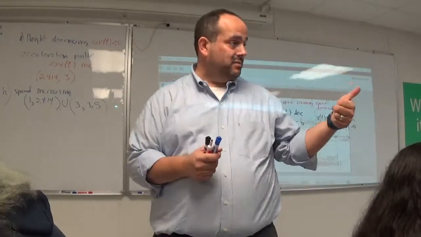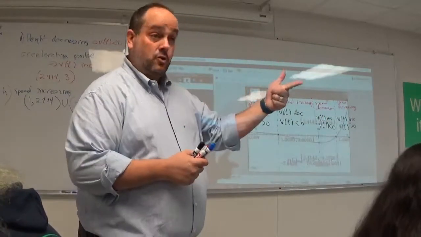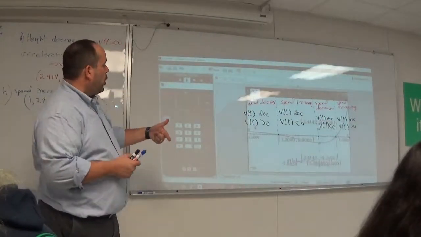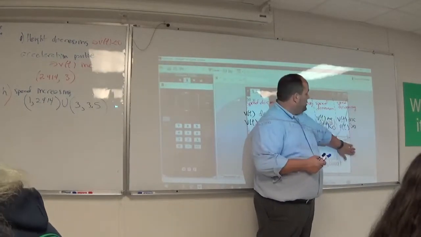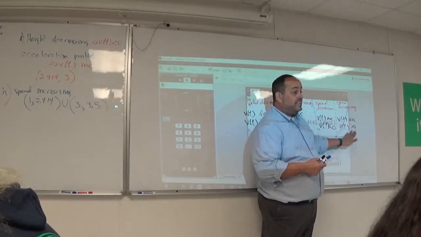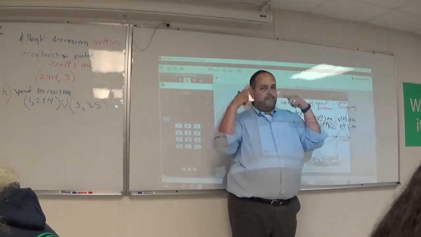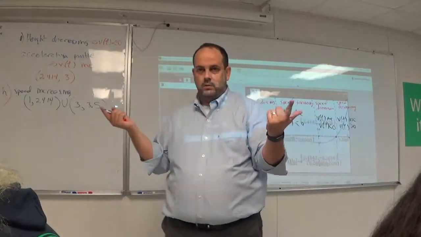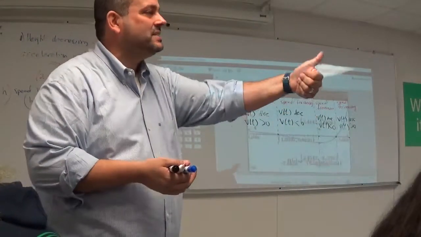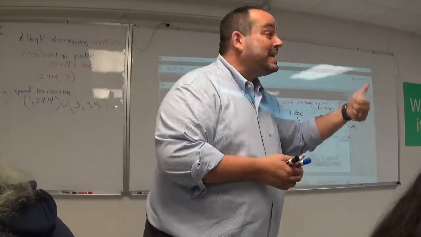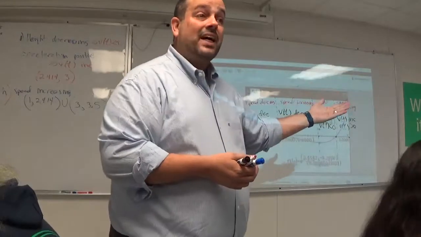So you're imagining you're above the x-axis and that velocity is increasing. What happens when you take the absolute value? Speed's still increasing because the velocity was positive to begin with. The absolute value does nothing.